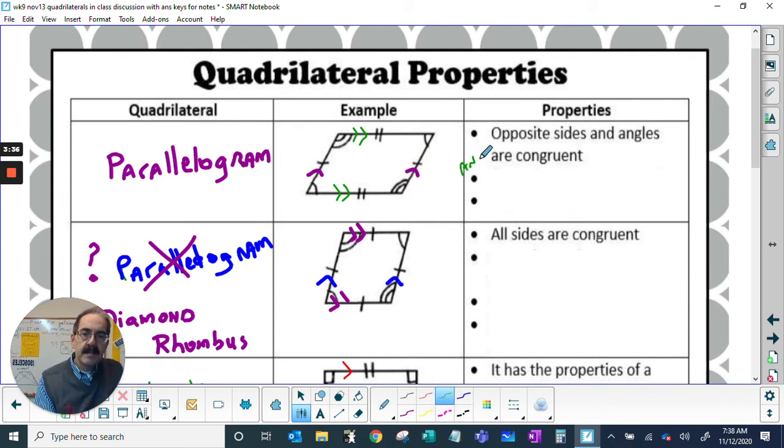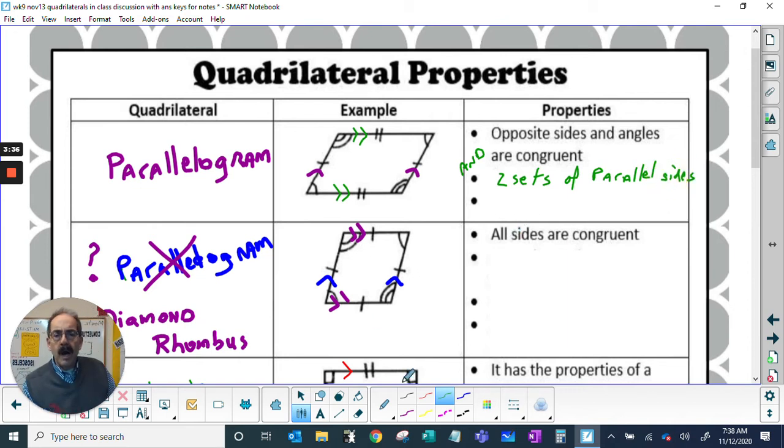And the idea of 2 sets of parallel. Okay, now that's how we started the school year back in September. 2 sets of parallel sides. But now I want to spend the rest of the day focusing on the opposite angles.